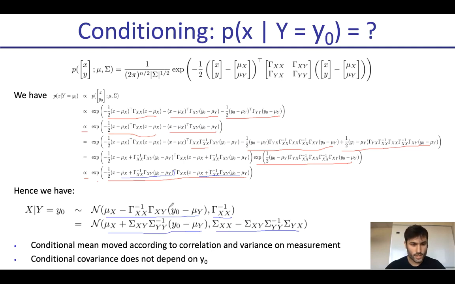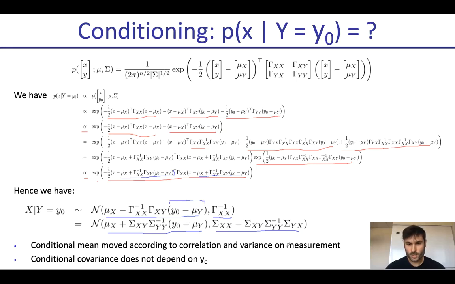We see that the way the mean moves is that we have this error term, or deviation term, which is how far y0 is with respect to the mean, and this is the correlation between x and y.